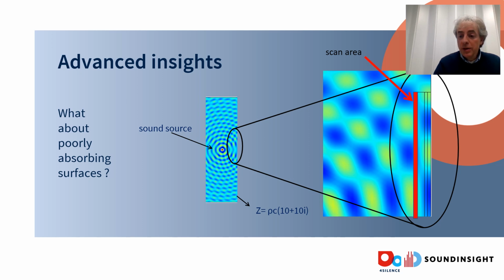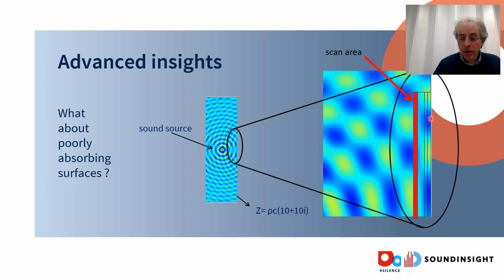So now when we switch a bit to some advanced insights, if for instance you would measure in front of a poorly absorbing absorber. What you generally do is you have a scan area, you scan with the Sonocat just in front of the absorber. What we did is we evaluated how the sound absorption coefficient changed with the distance from the absorber.